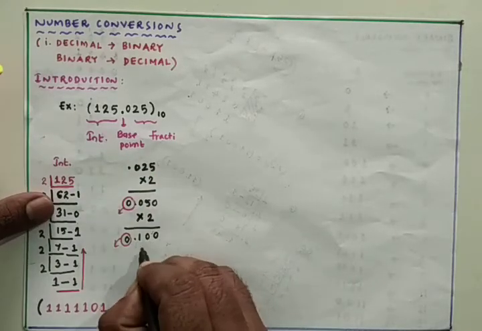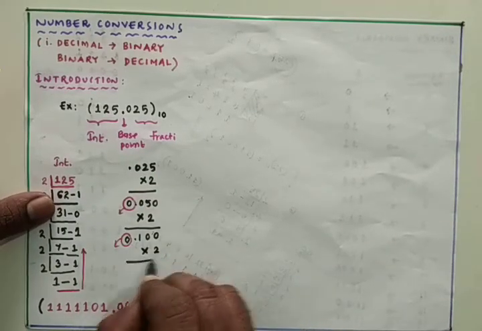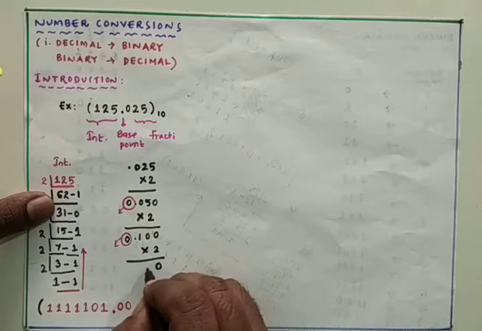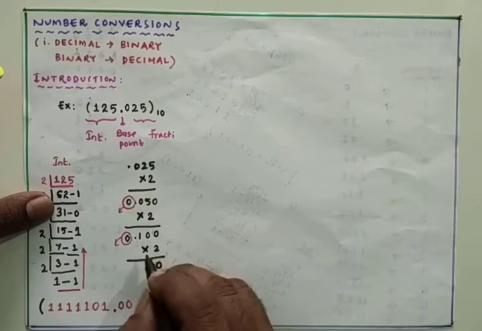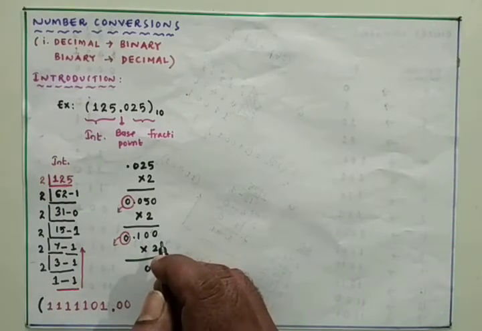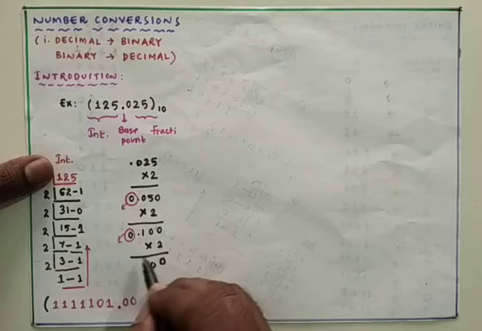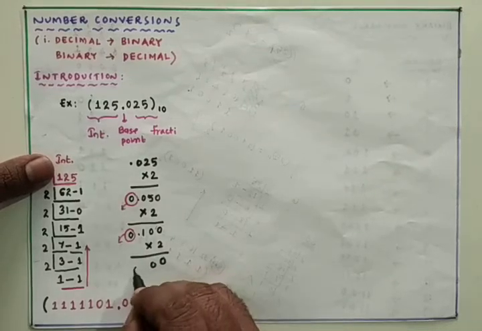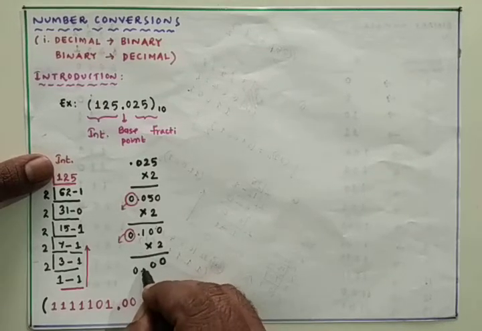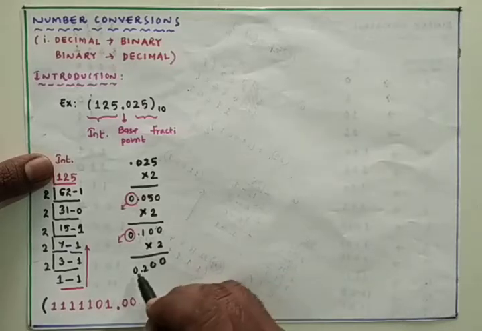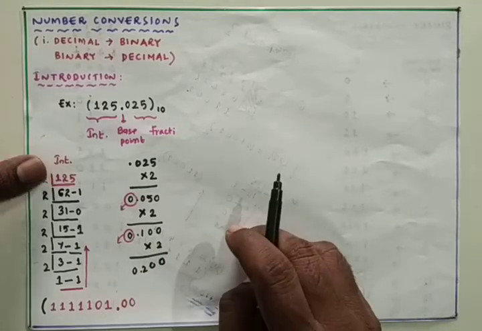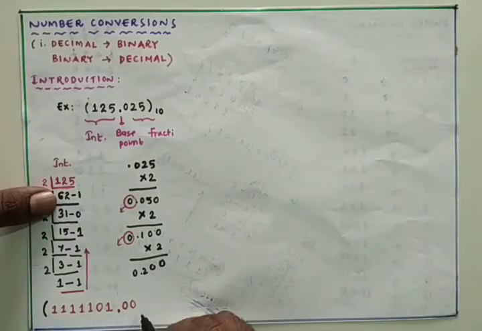This is 2. This will be 0 0, 2 into that is about 1.0, and this will be 0, so that we can stop this procedure here.